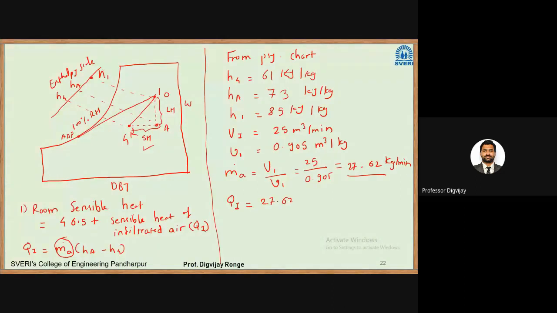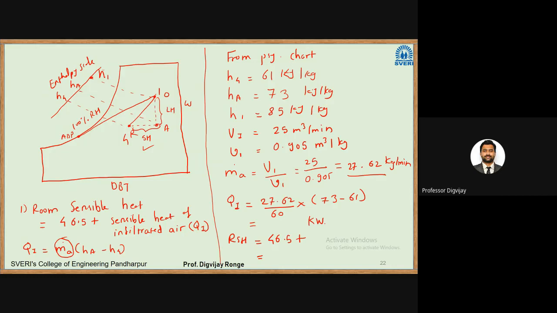Let us convert it into seconds, so divided by 60, into HA, which we have calculated as 73, minus H4, which we have calculated as 61. So calculate this load and then calculate RSH also. RSH will be equal to 46.5 plus this load. What value will you get? You can get this in kilowatt.